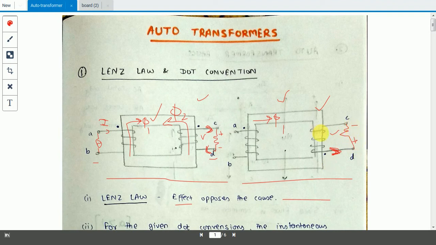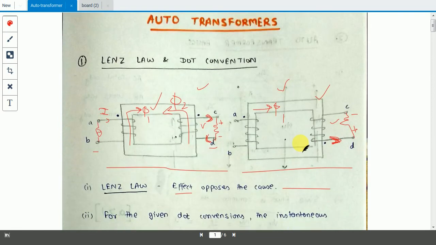So the sense of winding is important in terms of the polarity that is induced on the other side of the transformer. You have to keep in mind the sense of winding as far as the induced voltage polarities are considered. So that is what we have done here.